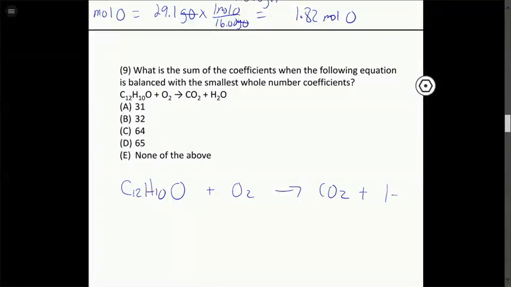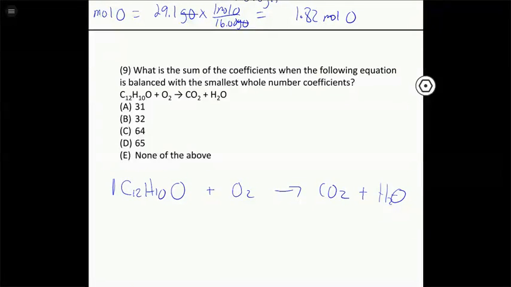Okay, so those are the reactants and products. We should recognize this as a combustion reaction, and what I like to do for combustion reactions is set the carbon, hydrogen, and oxygen compound to 1. Let's set that to 1.